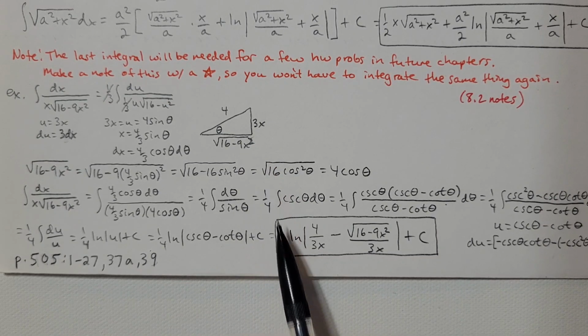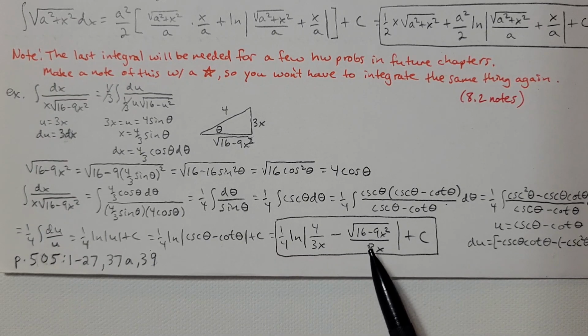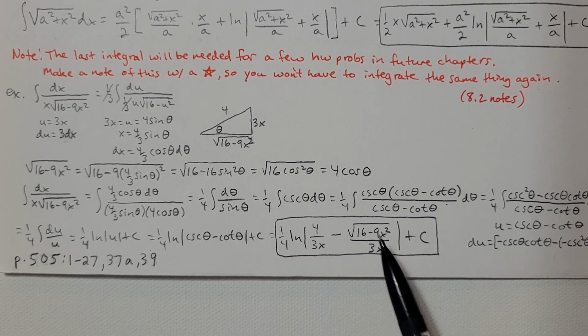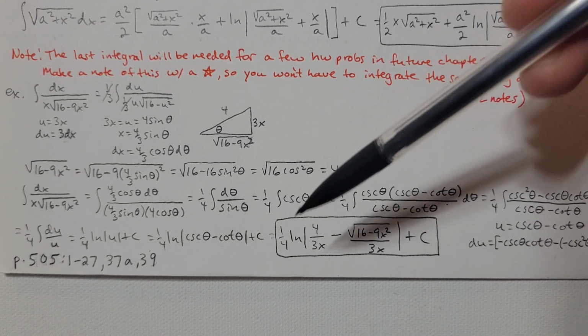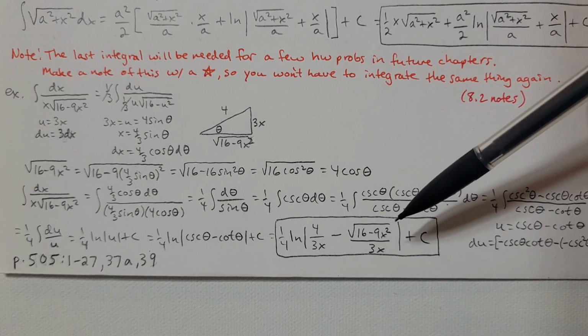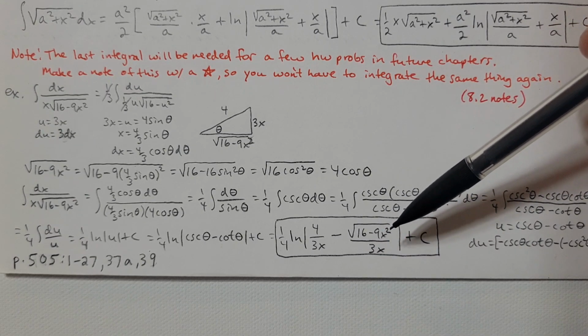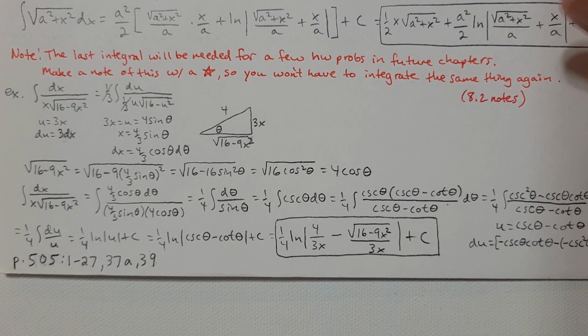Because cotangent theta is the reciprocal of tangent theta. I guess if you wanted to, you can get a single fraction in here. You don't need to do that, though, if you don't want to. But my answer is going to be 1/4 times the ln of the absolute value of 4 over 3x minus the square root of 16 minus 9x squared over 3x plus c. Okay.